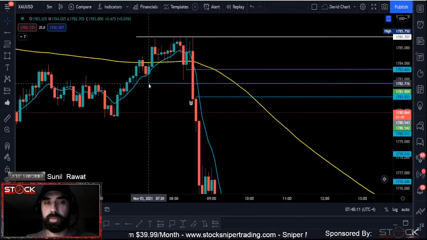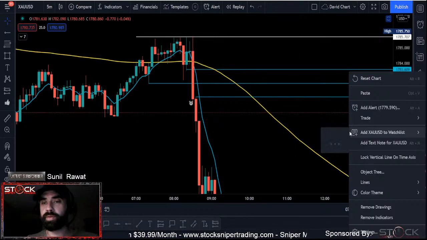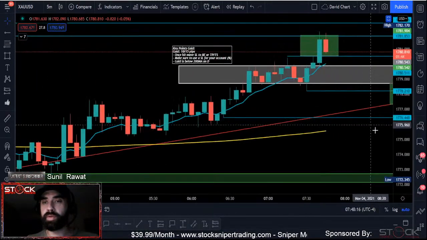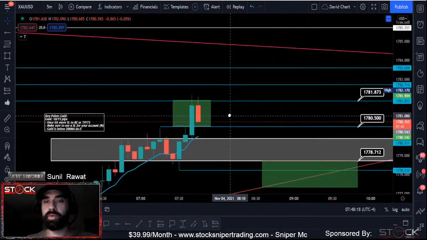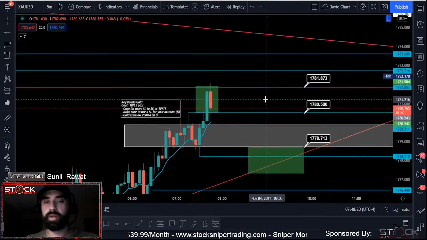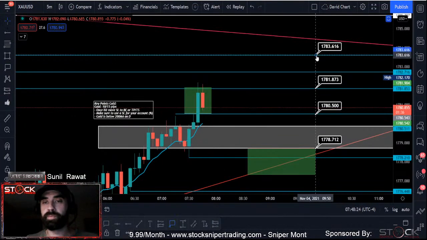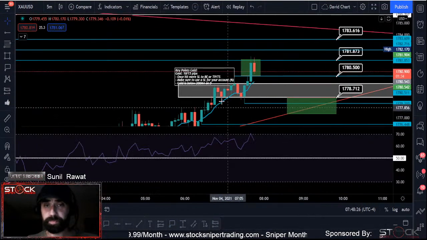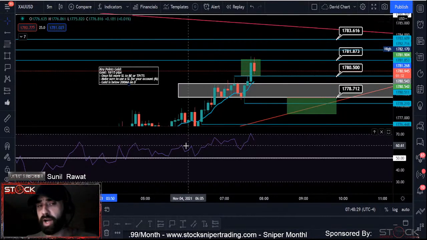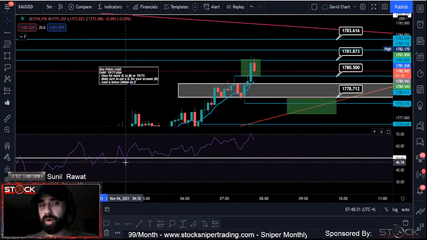Okay, put it at the bottom of this wick here for the bounce. So let's see where we're at in terms of gold. Take a look, guys. On the 5-minute, you can see we're above the 50 point.